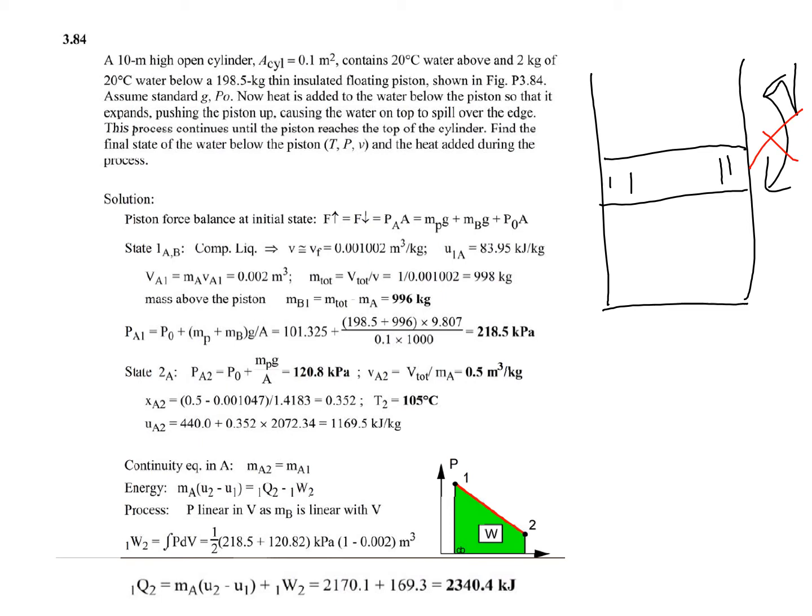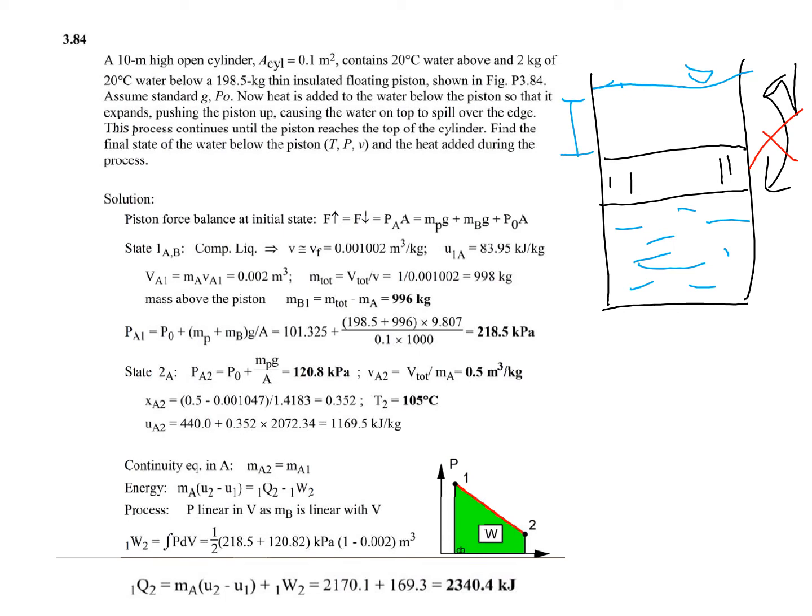There's water above this piston, and there's water also contained inside this piston cylinder chamber. Initially it is at 20 degrees centigrade, and the water above is 10 meters high, in an open cylinder.